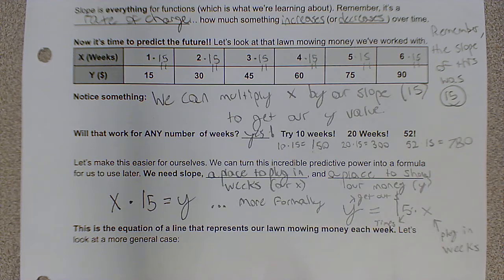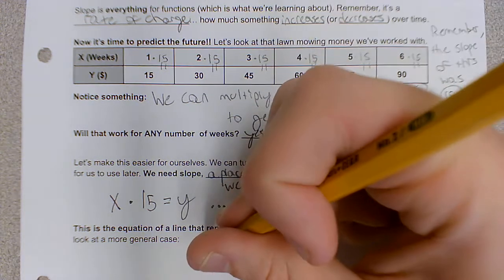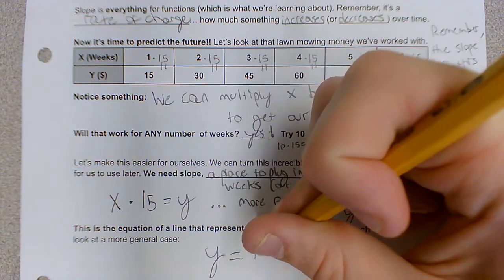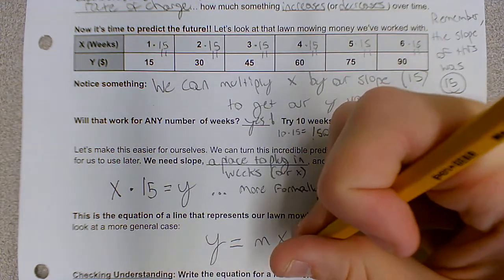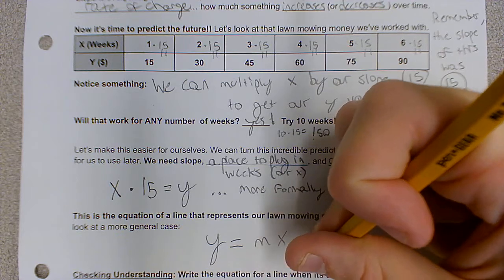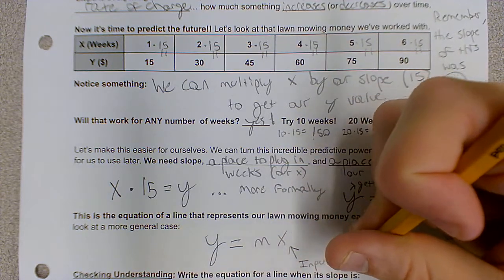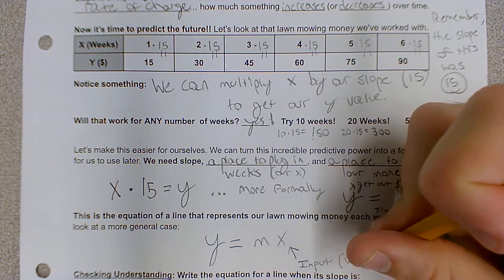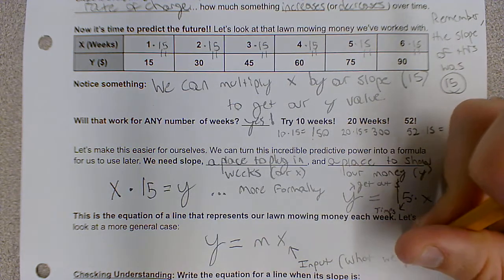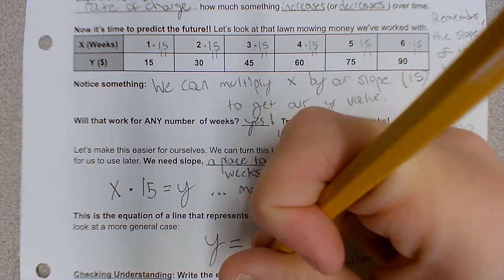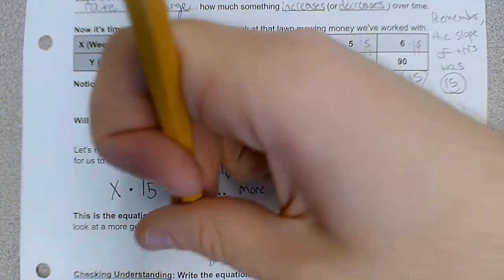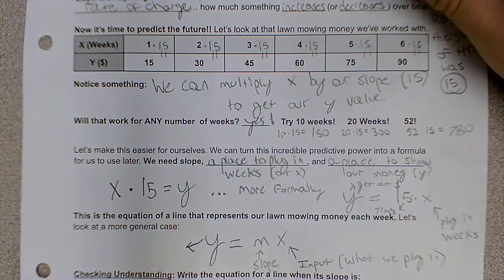Let's look at a more general case. We can say y equals mx. This is our input, or what we plug in. M is our slope, and y is our output.